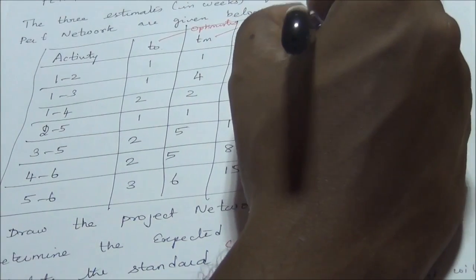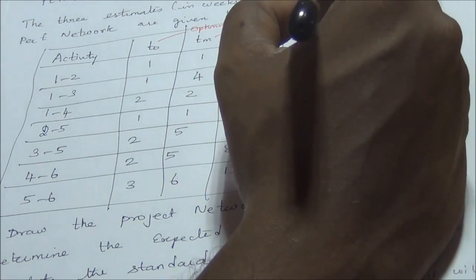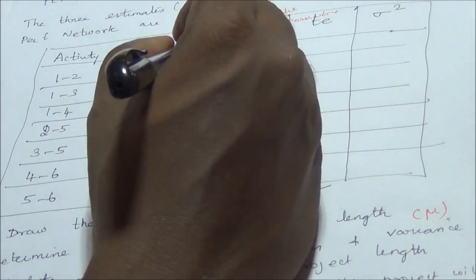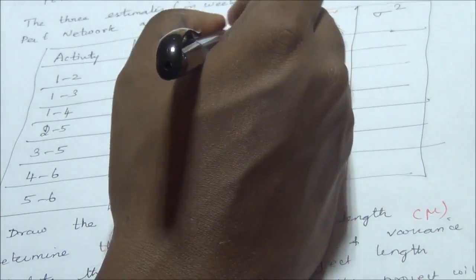The formula for TE is TO plus 4 into TM plus TP, divided by 6.